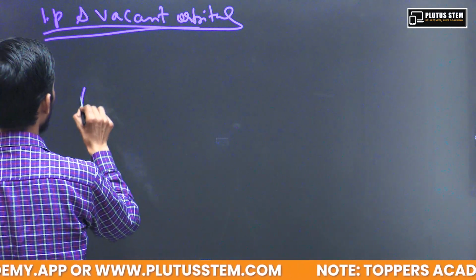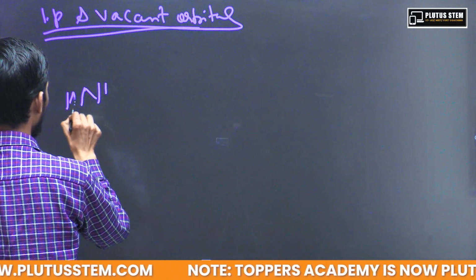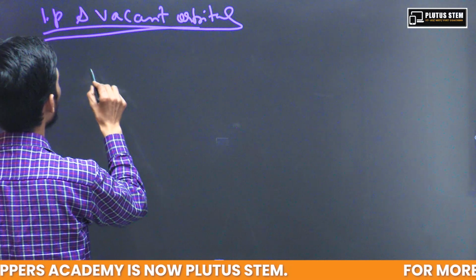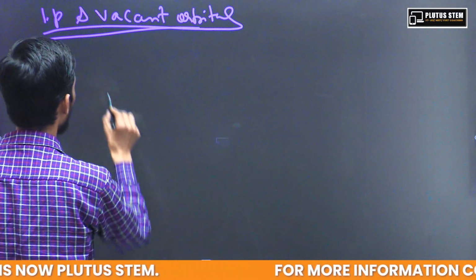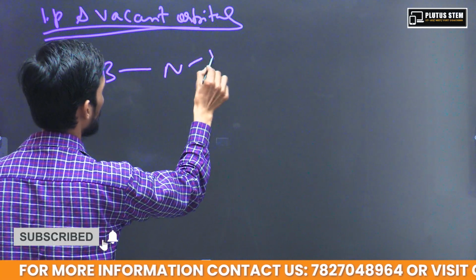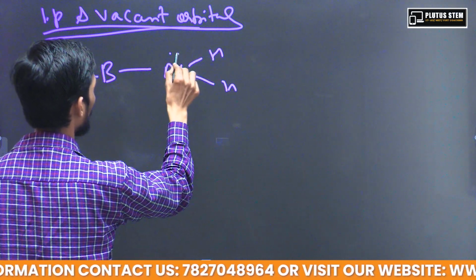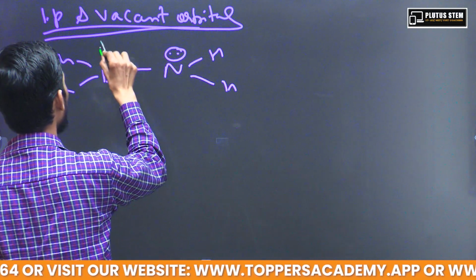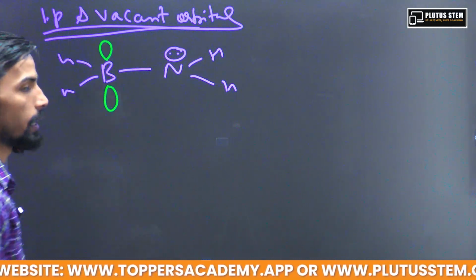So if we are having a compound like this, BH2 single bond NH2. So this is having a lone pair, and this boron is having a vacant orbital.